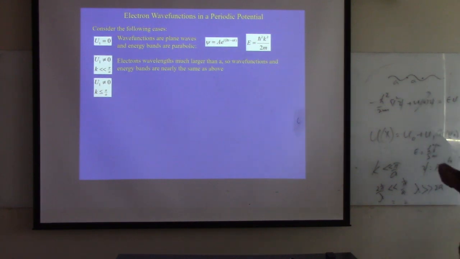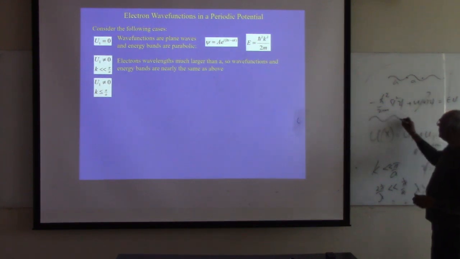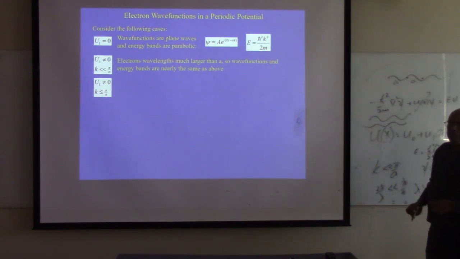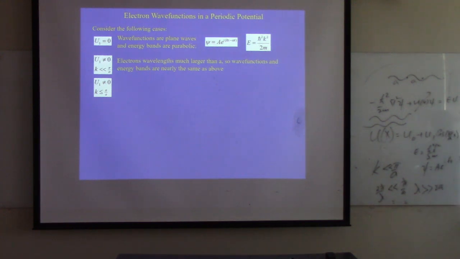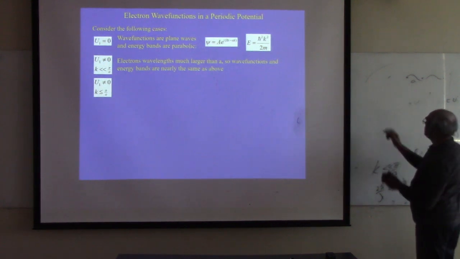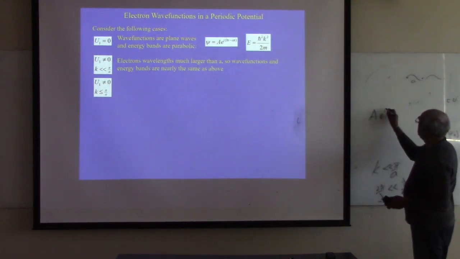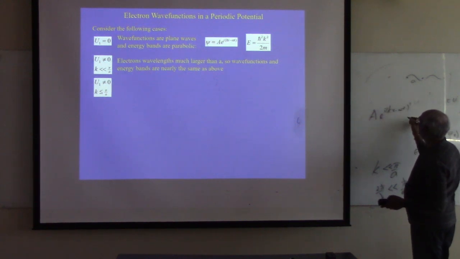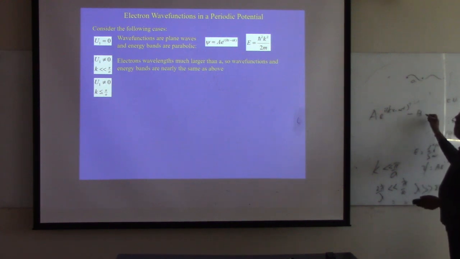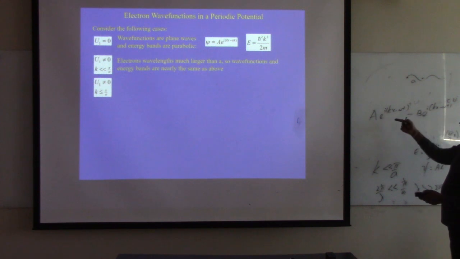So you can have some waves moving this way and some waves moving that way. That means you can write the solution as what? One moving in one direction, say A e to the i(kx minus omega t). Then the opposite direction, going minus, B e to the i(minus kx minus omega t). Like this, right?